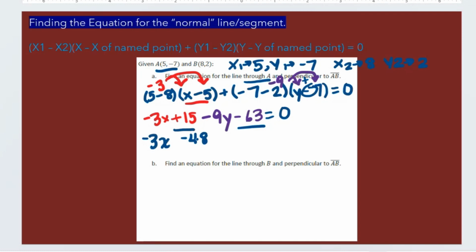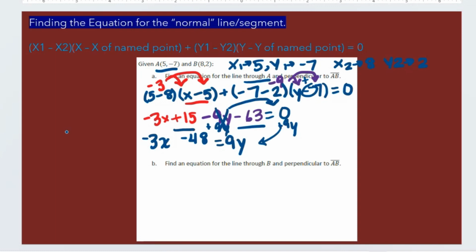So now I have -3x minus 48, or plus a negative, which is the same thing. I'm going to always bring my y to the other side. And if it says minus, I'm going to add 9y. We want our y to ultimately be on the other side of the equation. So I now have this equation here, -3x minus 48 equals 9y.